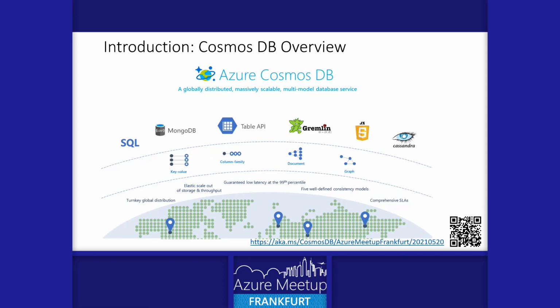The other thing that's pretty unique for the CosmosDB data service is that we have our core API, what in the slide deck you see as a SQL API, which is the core API that the service is built on.